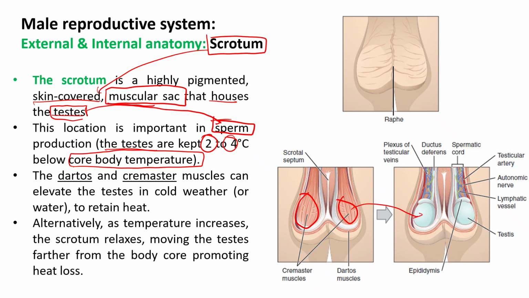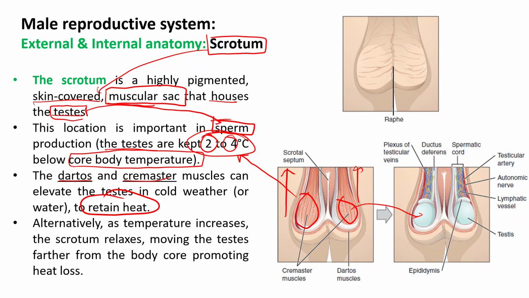So these muscles will contract or relax with the purpose of maintaining this ideal temperature. When the conditions are cold, for example, if the temperature of the testes goes down because it's cold, these dartos and cremaster muscles will contract and pull the testicles up closer to the core body, and that will keep the testicles' temperature up.